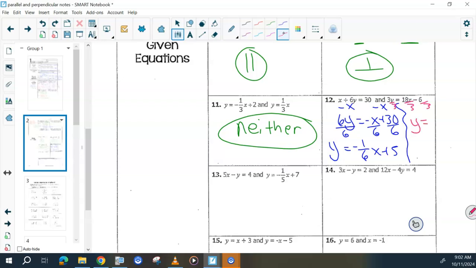So y equals 6x minus 2. Are those parallel, perpendicular, or neither? Perpendicular. Because this is 6 over 1, so those are negative reciprocals. Do you have any questions about that one? Okay. I want you to try number 14.